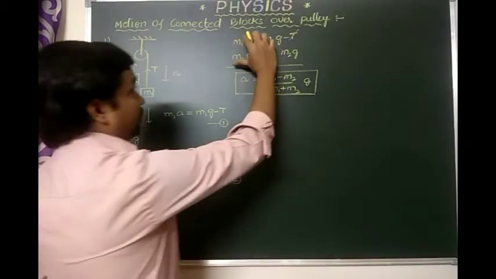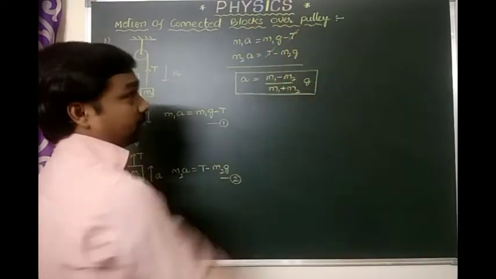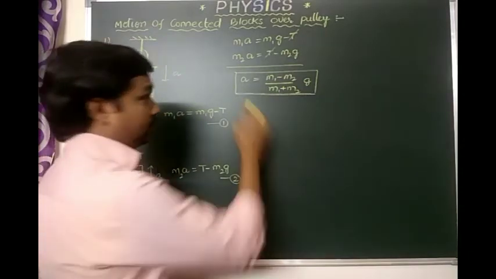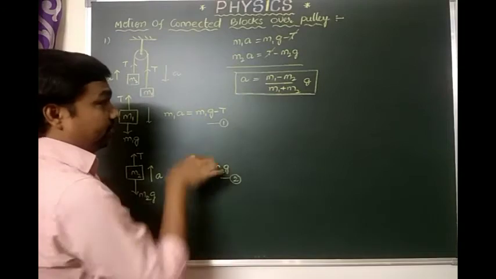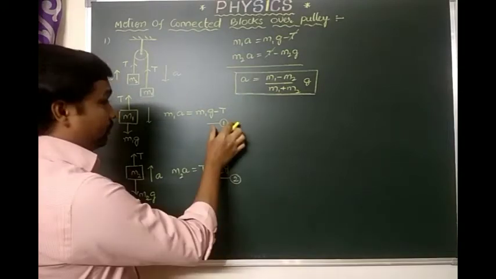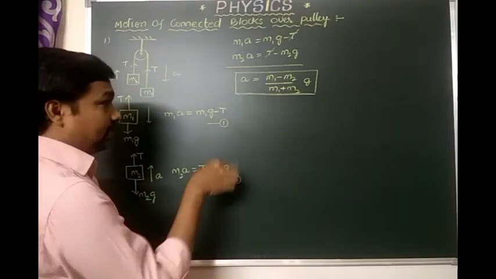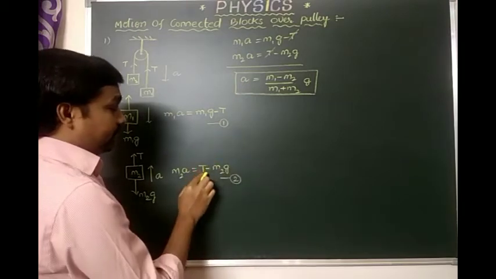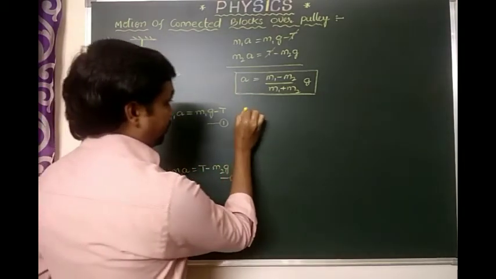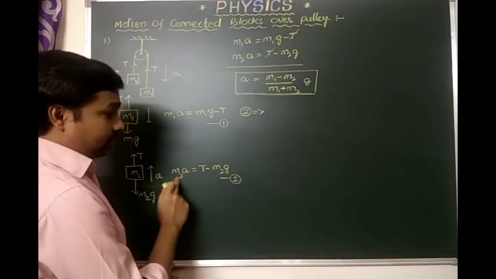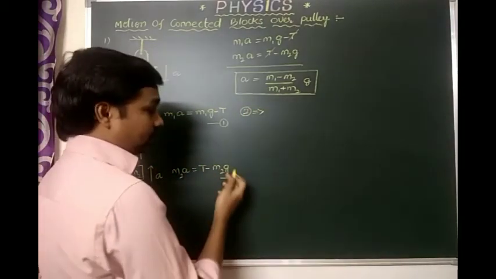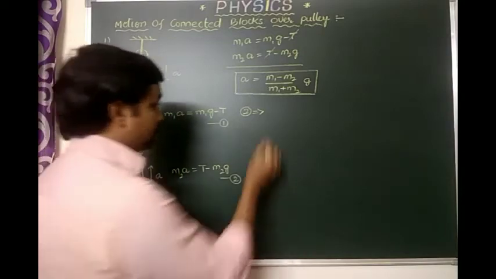Here g is common. This is the acceleration term. If you substitute it in either equation 1 or 2, we will get the tension. Taking it from equation 2, T equals m2a plus m2g, because when you send it to the left it becomes plus.